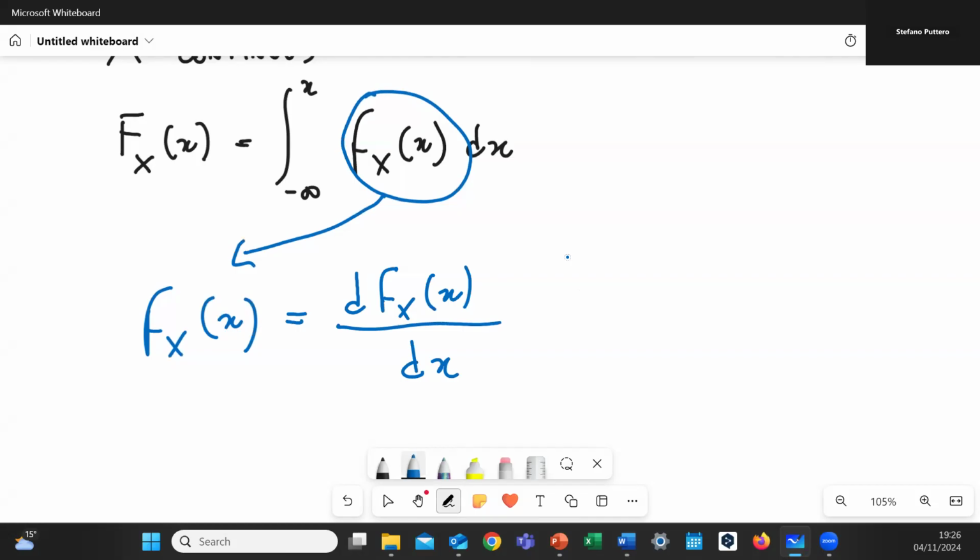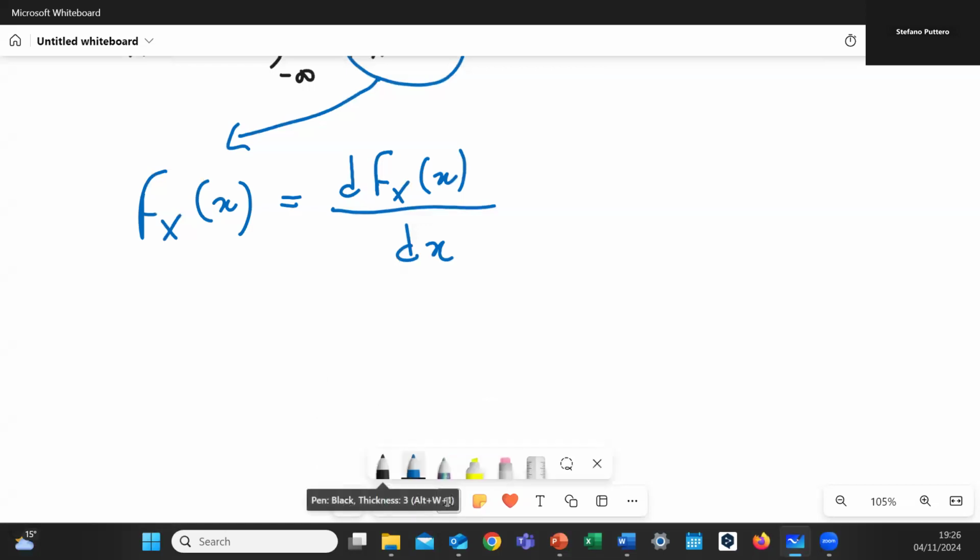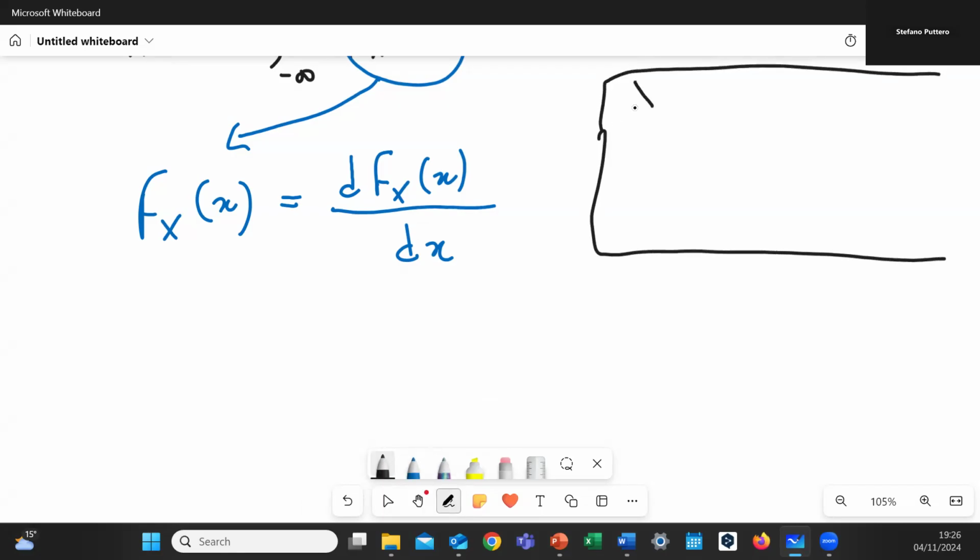Just because we are discussing the probability density function, a brief recap I put here in brackets: if x is discrete, we don't speak about a probability density function, but about a probability mass function.